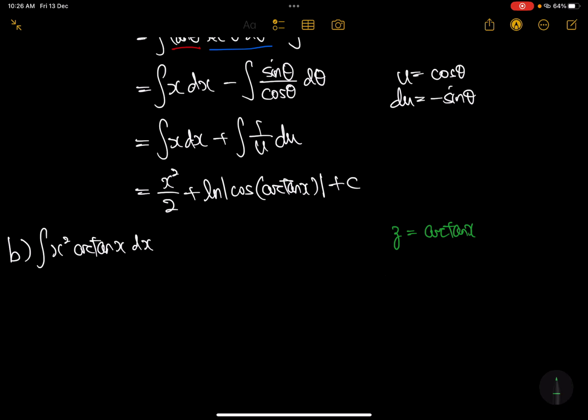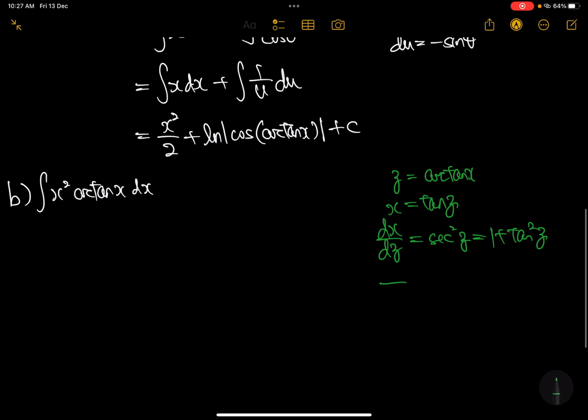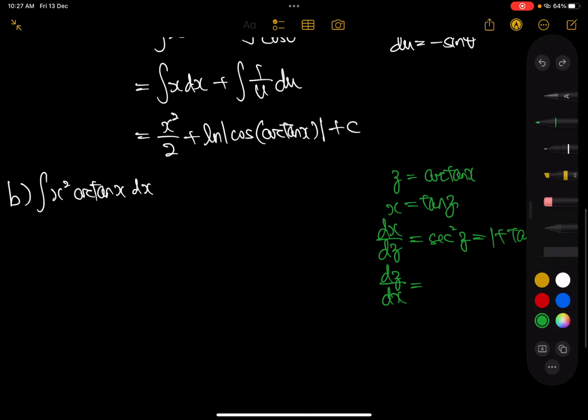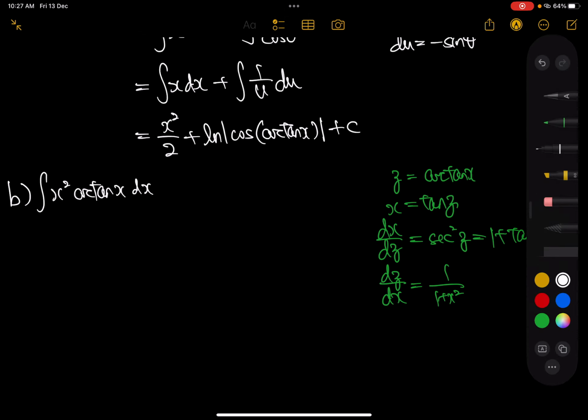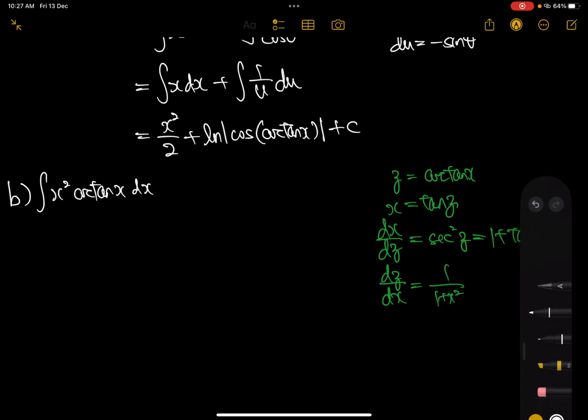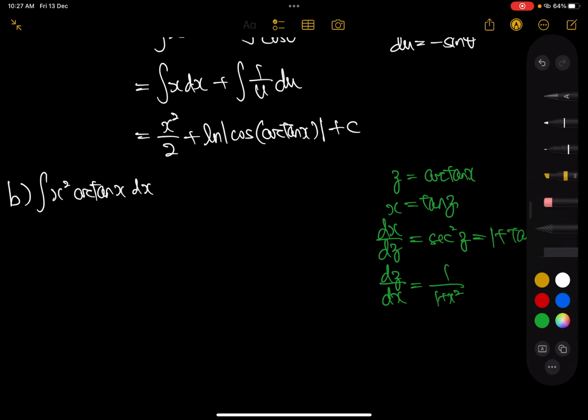So x is tangent z. dx over dz is just secant squared z, which is 1 plus tangent squared z. And dz over dx is 1 over 1 plus x squared. So we could use this fact when we're doing our integration by parts, and I'll just throw this away.